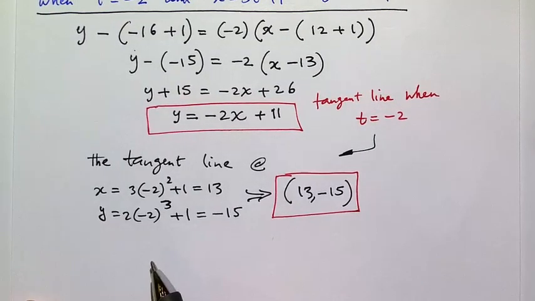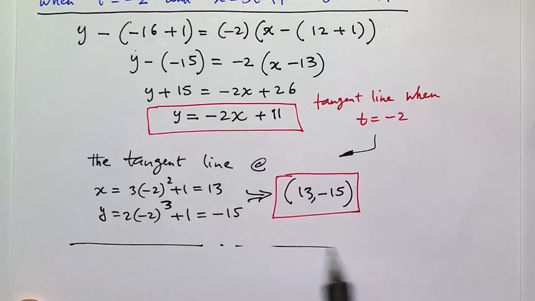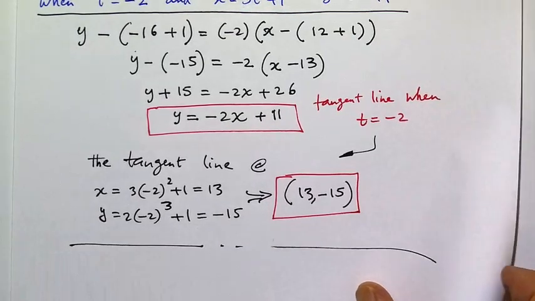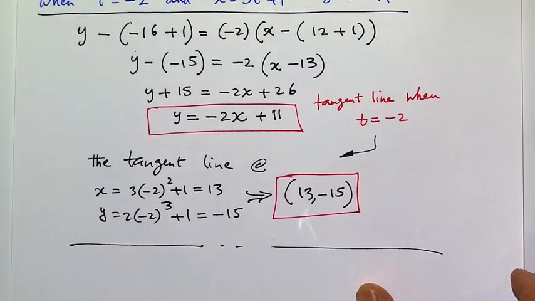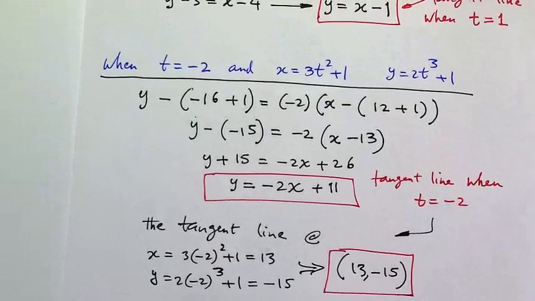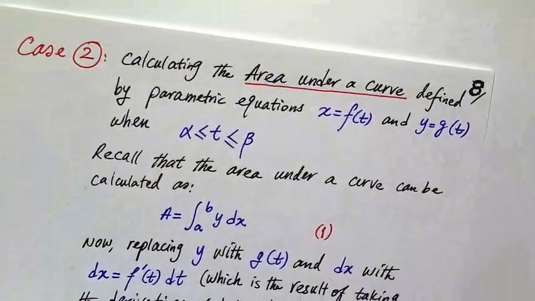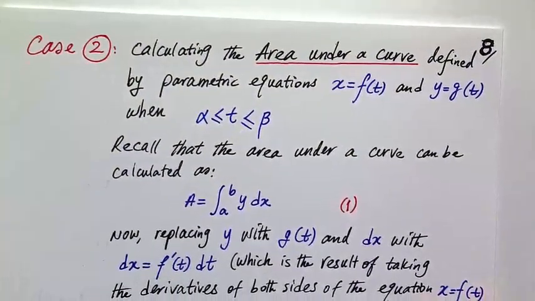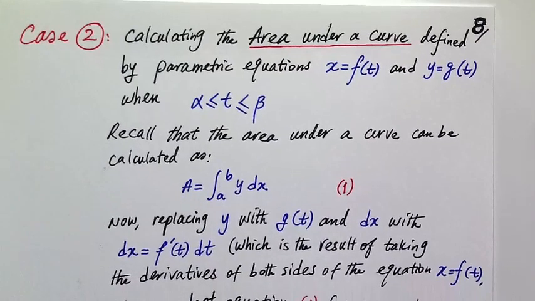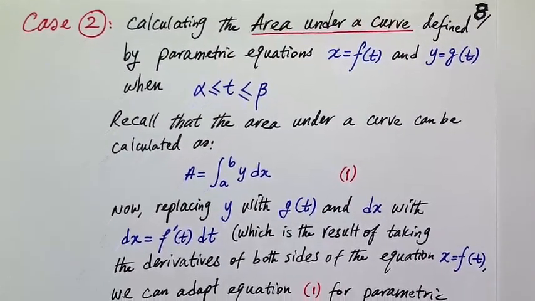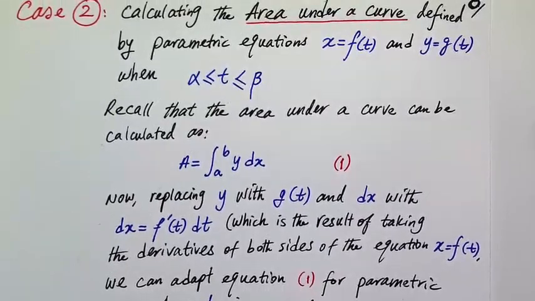All right. So now this was all case 1. When we apply calculus methods to parametric equations, we were interested in finding the slope of the tangent line and the equation of the tangent line.